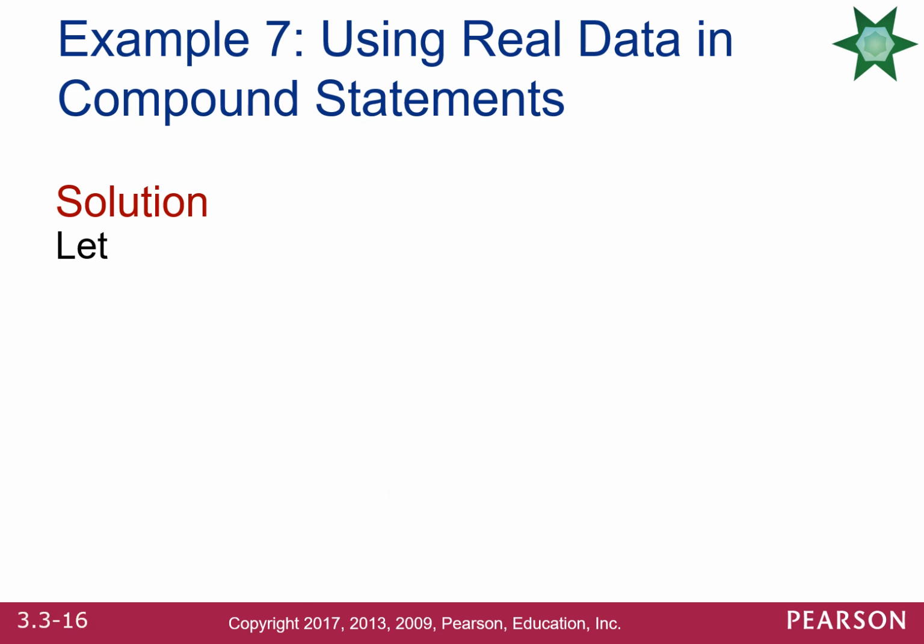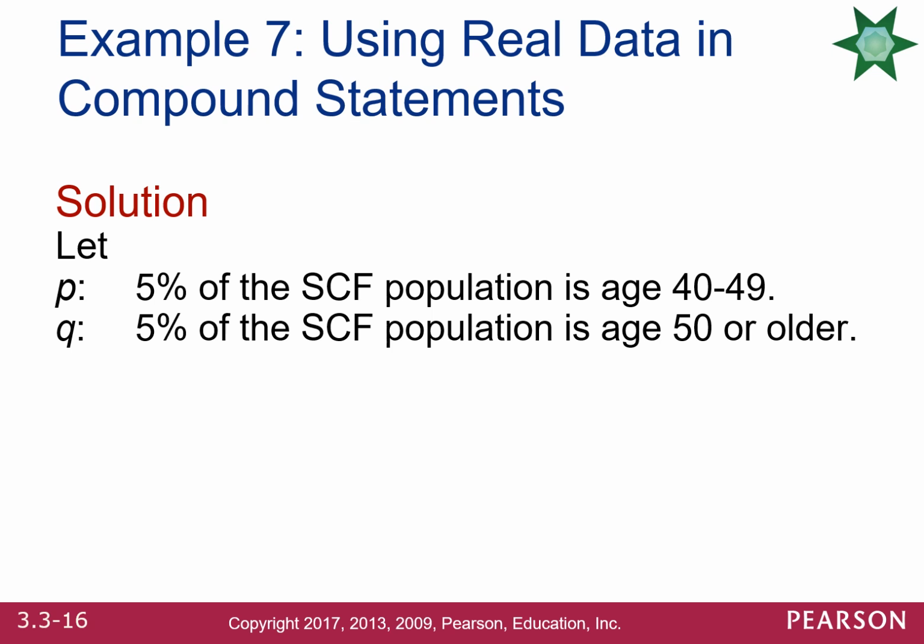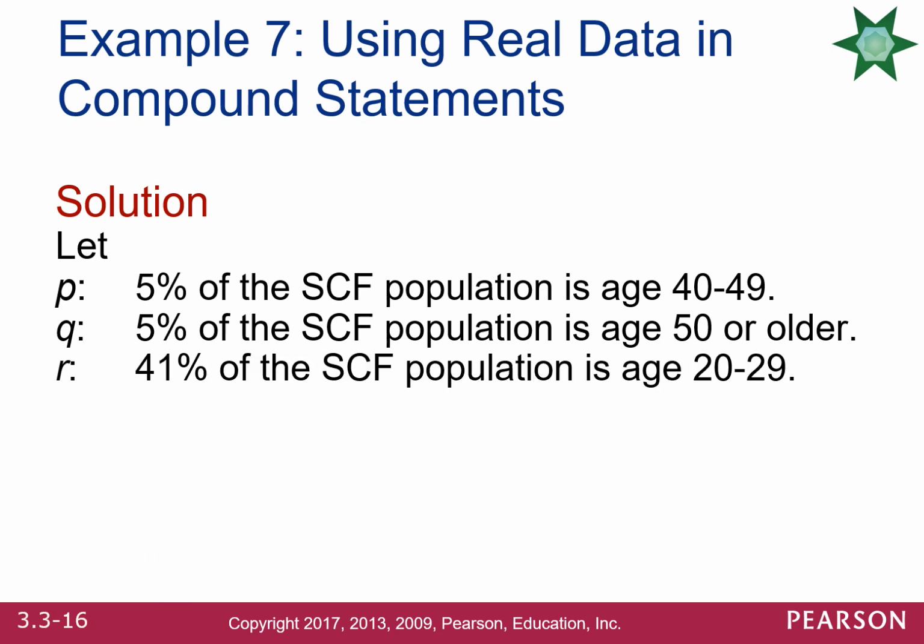First, we will separate the three statements and write them with P, Q, and R. P was 5% of the SCF population is age 40 to 49, which was a true statement. The next one is 5% of SCF is age 50 or older. This one was a false statement. It was 2%. And then R is 41% of the SCF population is age 20 to 29, which was a true statement.